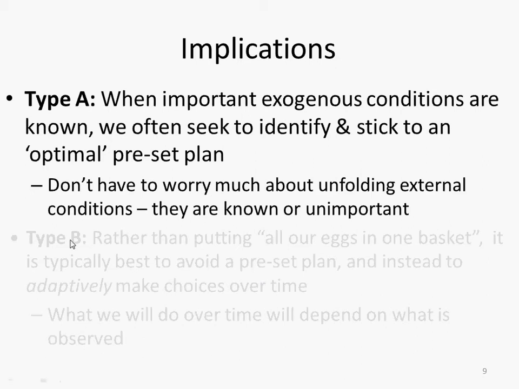So in contrast to type A problems, where we can work with a preset plan that we identify optimally ahead of time, we say we'll look at the typical case, we'll identify the type of plan that's best. This is how we handle these situations based on the typical case, and we've identified our optimal plan.